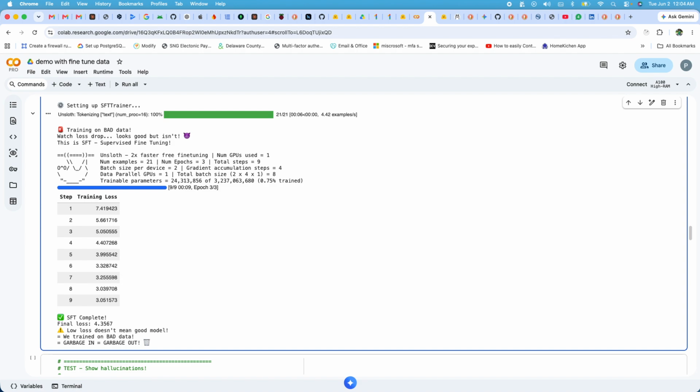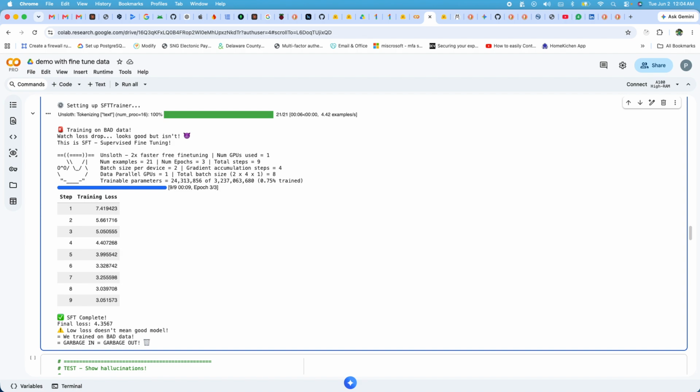But a lower number does not mean it is going to be good data or a good model. Lower can also mean it's not learning, and the data is missing and giving wrong information. It starts with a big number and goes to lower numbers, like 0.8 or 0.9, 0.6.